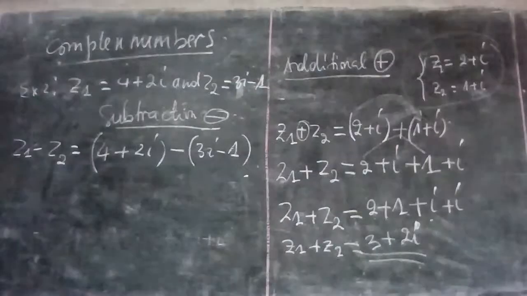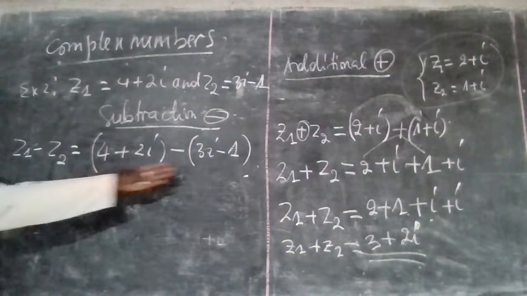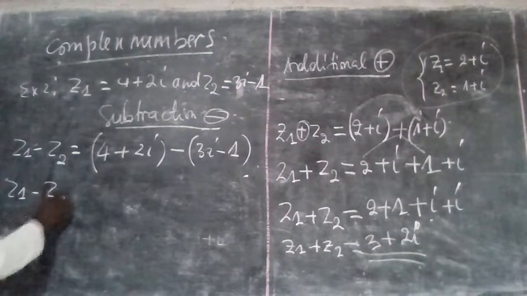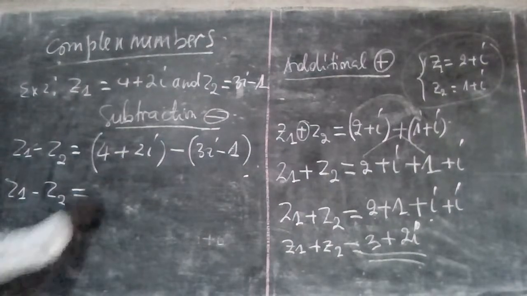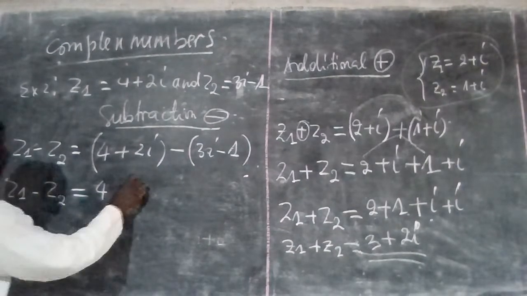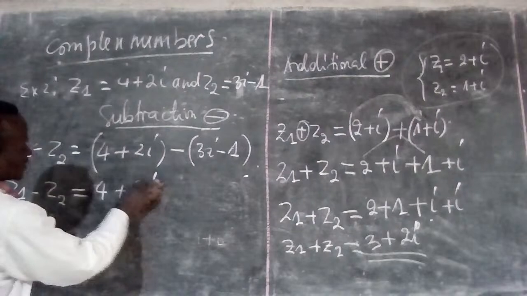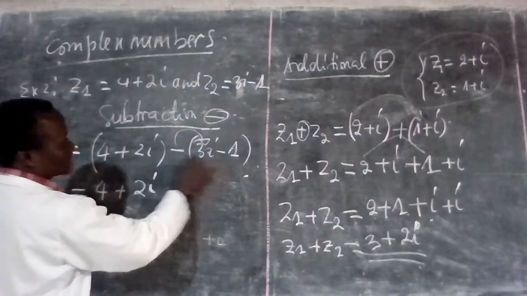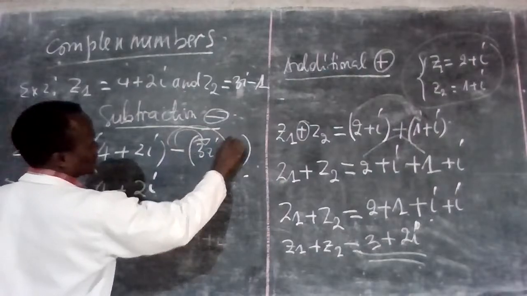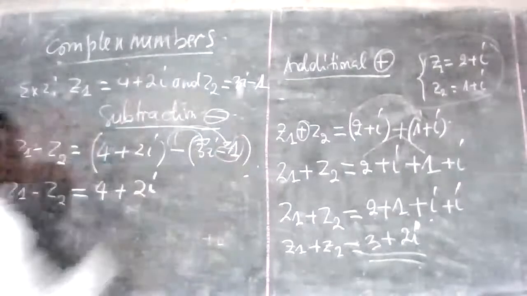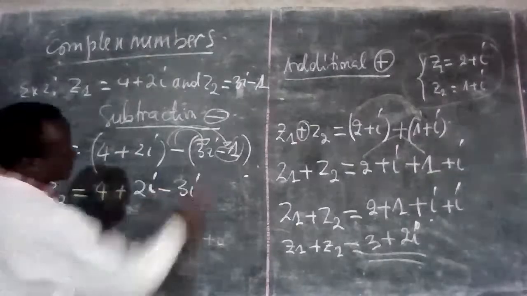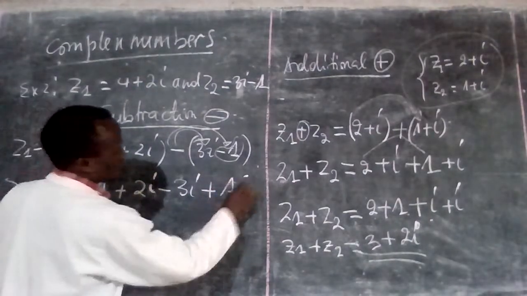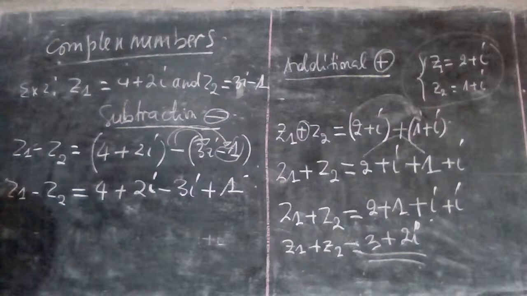Finally, we are going to remove these brackets. It is z1 minus z2, which is 4 plus 2i. This minus will multiply this 3i, and then this minus 1. It is minus 3i plus 1. Clear?